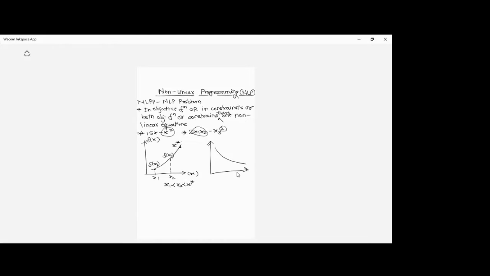Let's say this is your x star, here it is x1, and somewhere here x2. So this is f of x1, this is f of x2, and here x star is less than x2 is less than x1. So x1 is on the higher side. This is your case 2.